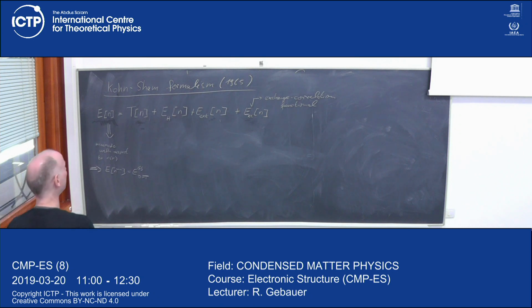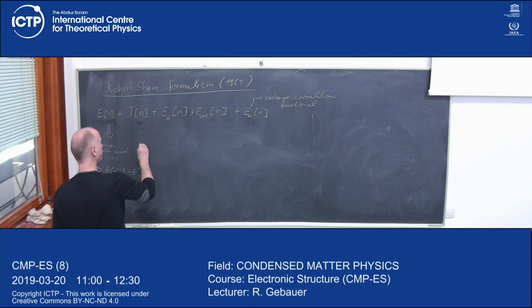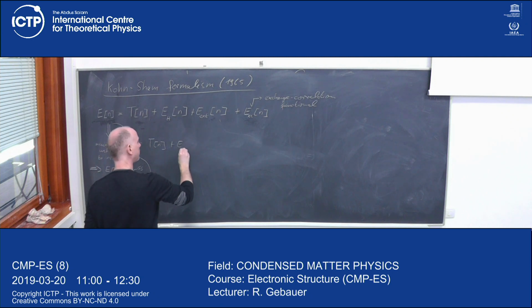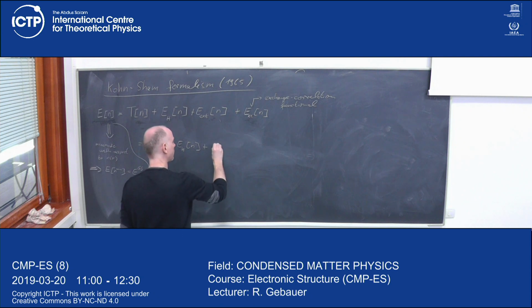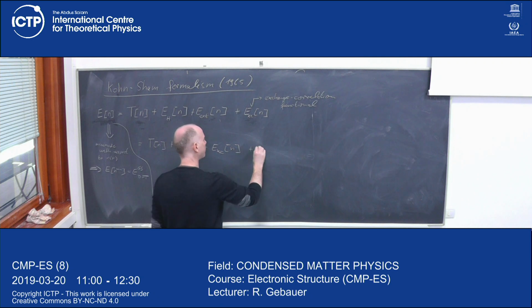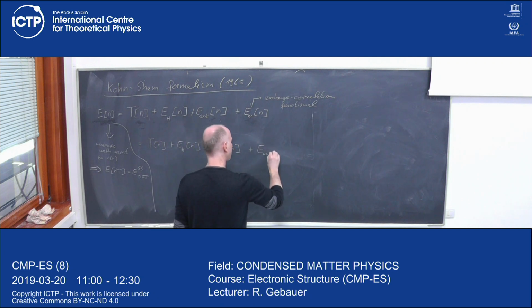Okay. So if I write this in a little bit different order, we have kinetic energy, we have Hartree, we have exchange correlation. So I just change the order and leave E external.